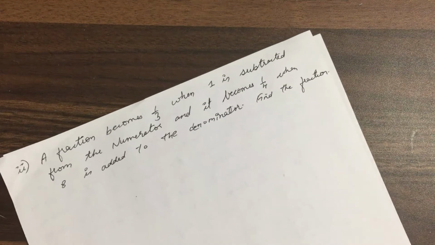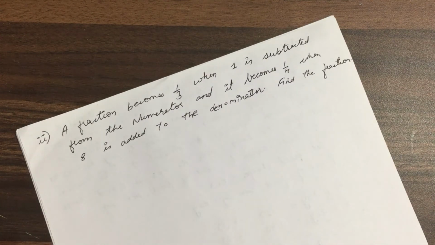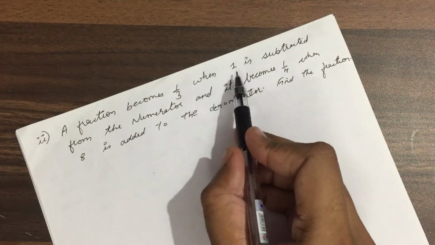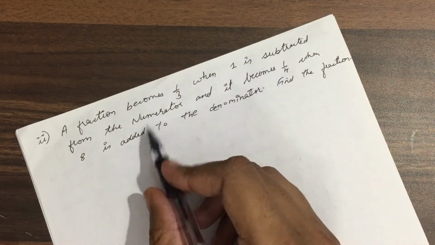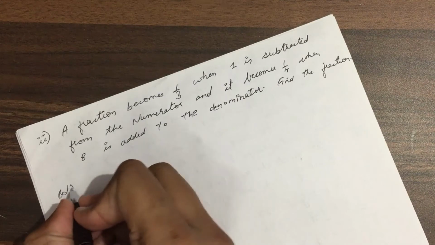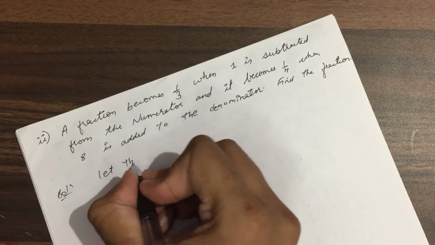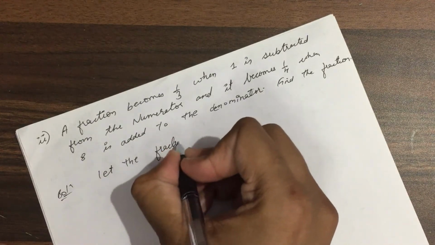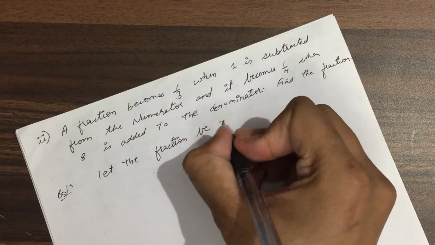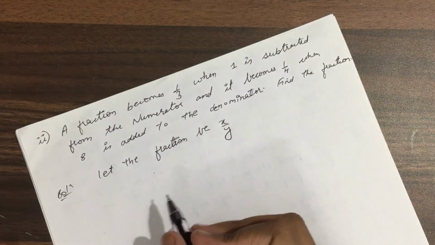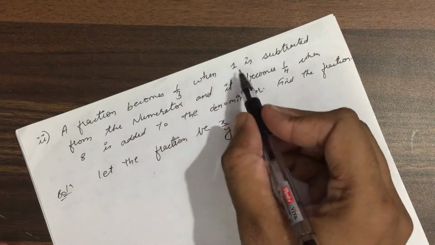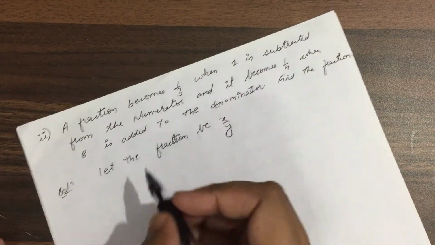Come to part 2. It is also again a simple question. A fraction becomes 1 by 3 when 1 is subtracted from the numerator. Solution. First of all, assume let the fraction be x upon y. Now a fraction becomes 1 by 3 when 1 is subtracted from the numerator.